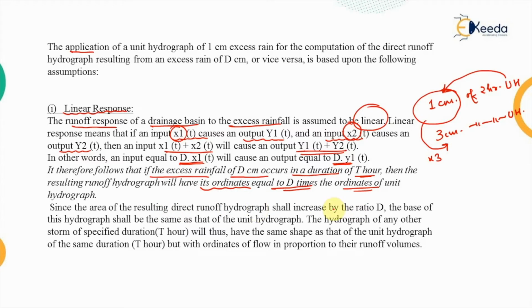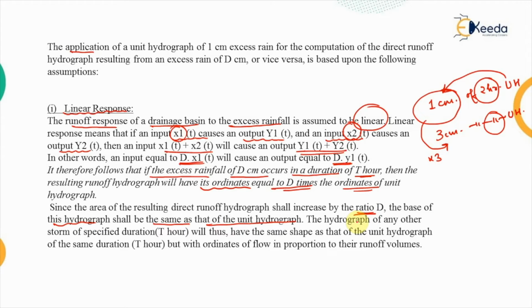That means all the ordinates will increase by the ratio d, but the base of the hydrograph will be the same as that of the unit hydrograph, because that is occurring for 2 hours in both the cases.